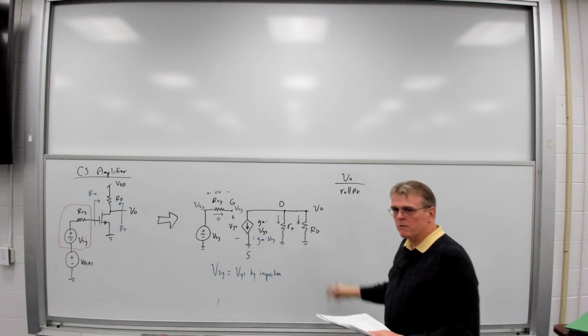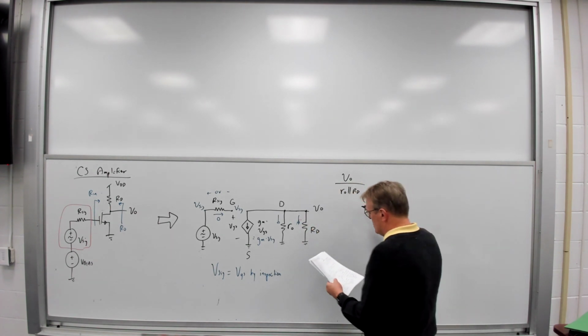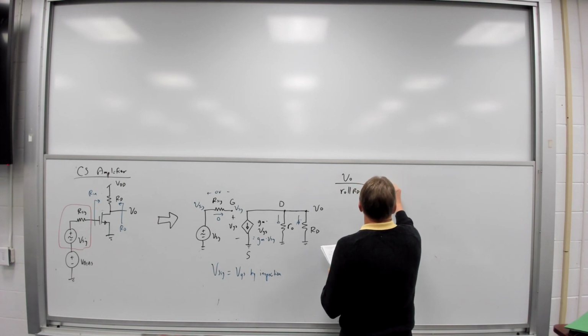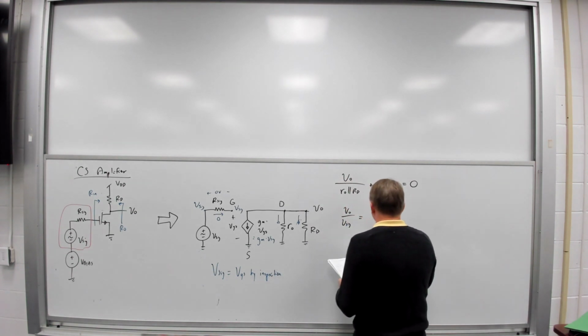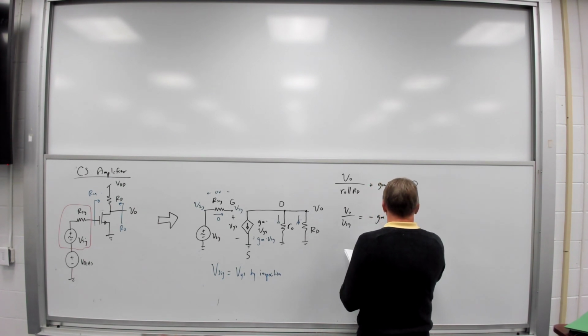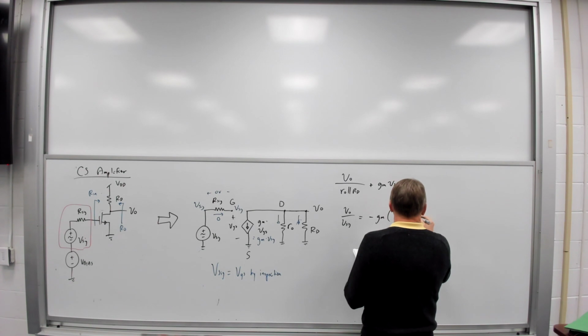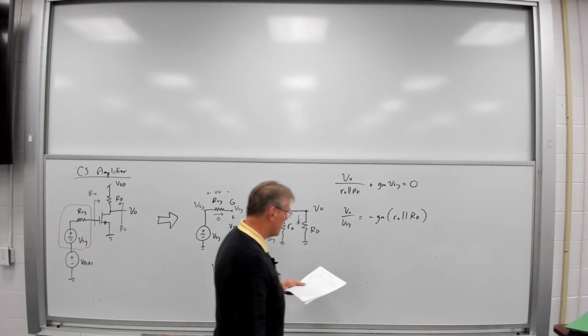I can combine those two resistors together. So this plus g_m times v_sig is equal to 0, or v_o over v_sig is equal to minus g_m times r_o in parallel with R_D.